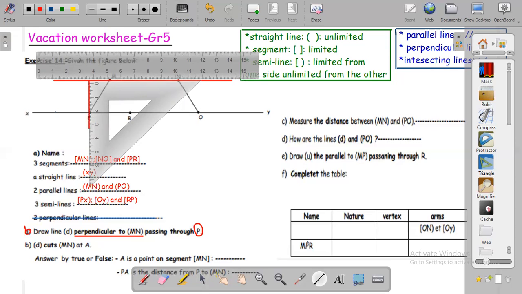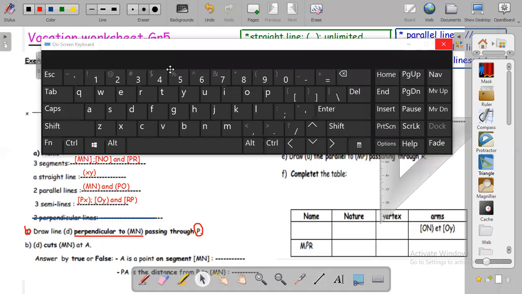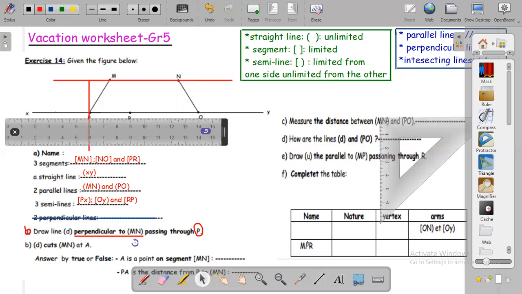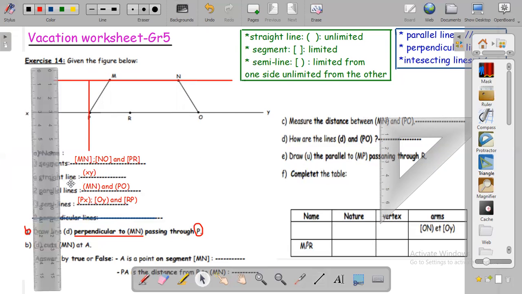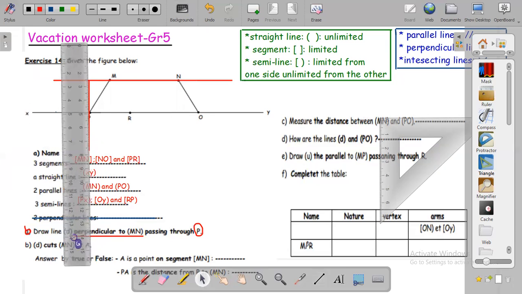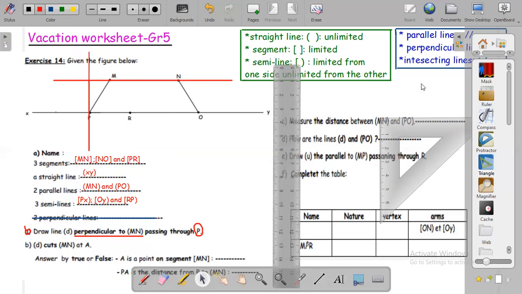This perpendicular is a line, so we want to elongate it. We put the ruler on the perpendicular and elongate it upward. And now don't forget to write the name of this line. The name is D, so we write D between parentheses.